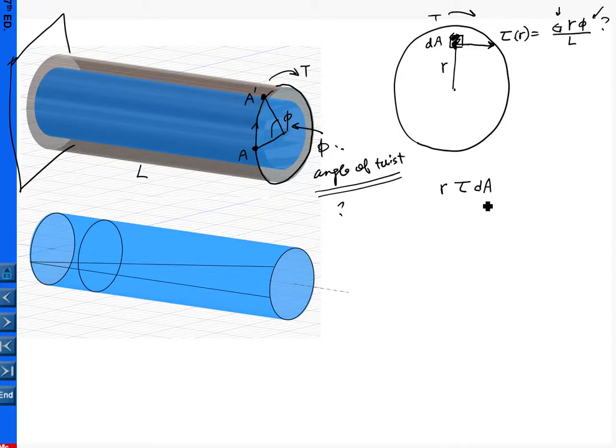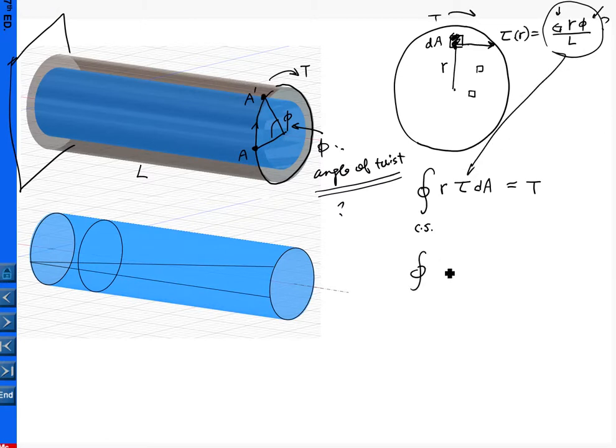Such a small moment is being contributed by so many small patches everywhere around the cross section. So basically we take the integral about the cross section's area, and the whole small moment together should be in equilibrium with T. Okay, so here we have taken the equilibrium equation in the moment. So let me introduce what is tau here. So we simply introduce tau to this equation here.